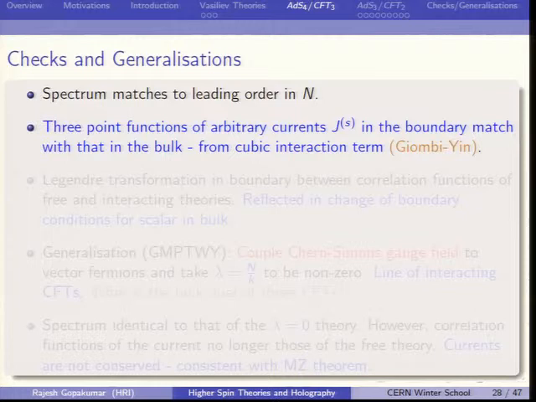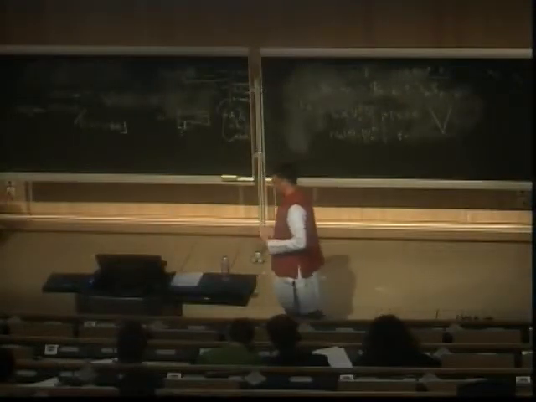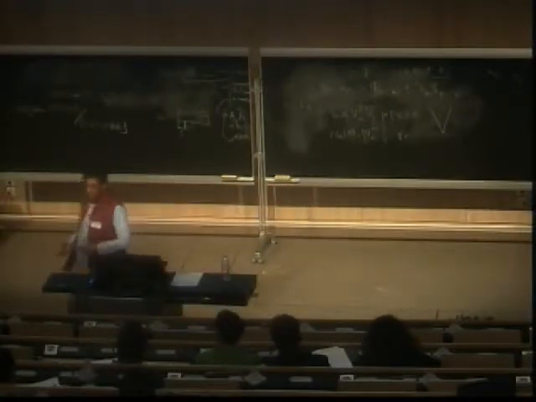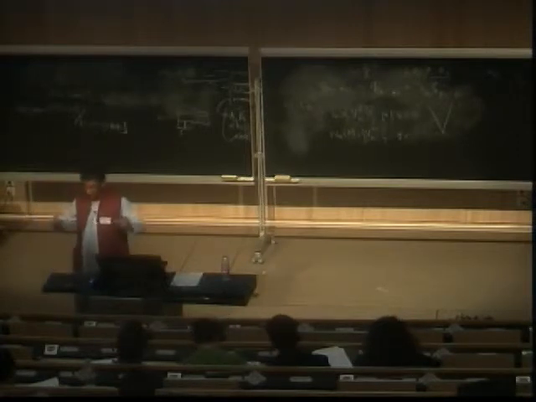So the spectrum agrees, but a very non-trivial check was the matching of 3-point functions of arbitrary currents, which you can compute on the boundary fairly easily, but from the bulk, it really uses the cubic vertices of the Vasiliev theory. Well, actually, I should say there are no cubic vertices, because I told you we don't have an action yet.